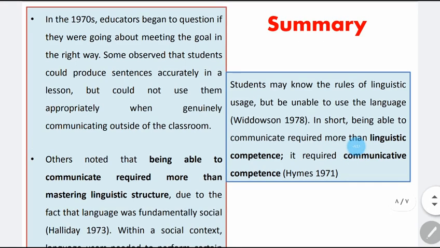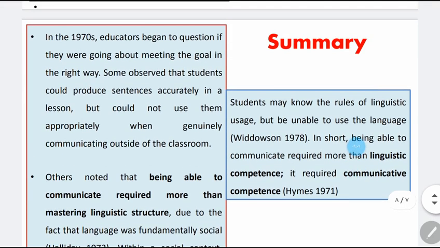The summary for this lecture: in the 70s, educators began to question if they were going about meeting the goal in the right way. Some observed that students could produce sentences accurately in the lesson, but could not use them appropriately when genuinely communicating outside the classroom.